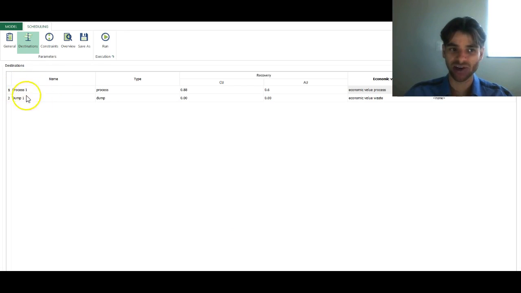So you could have one process that means the block goes through one process, then the other process, and then the other process. And then you can have another route in the second one and third one. So you can list all the possible paths that the block can go, and you play with the constraints.